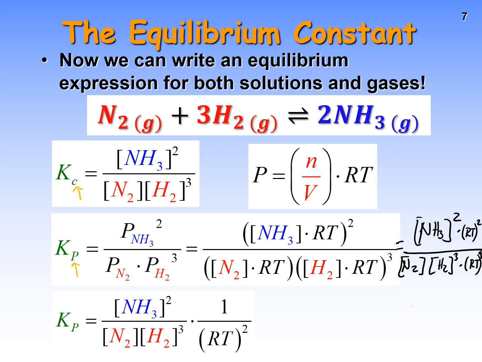Well, if we look at that, these RT squareds cancel with the RT to the power of 4 and give us just RT to the power of 2 in the denominator, which brings us to here.